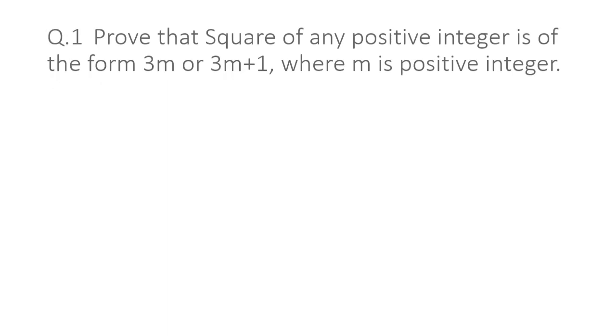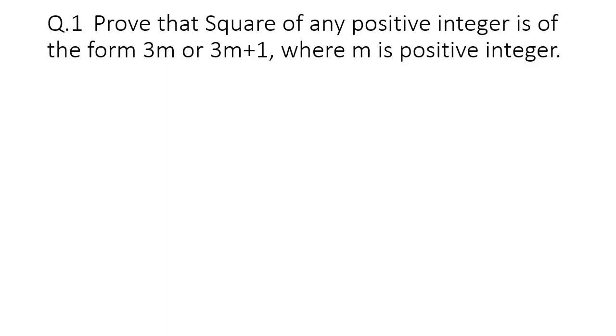Now coming to the question. Question 1: prove that the square of any positive integer is of the form 3m or 3m plus 1, where m is a positive integer. Obviously the question suggests that we have to deal with any positive integer and make a square of it.